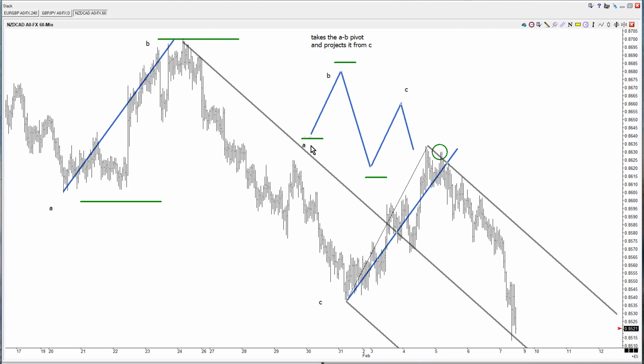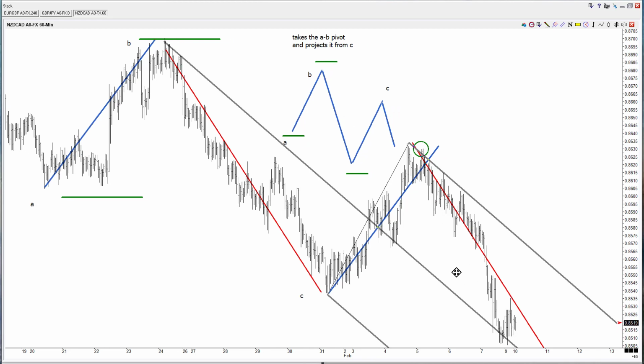And you can see this one is projecting A to B. This one's projecting the impulse wave. It doesn't always have to be perfect. The only difference in what I'm drawing with just a single measured move line and using median lines is that median lines add a component of time to the mix.